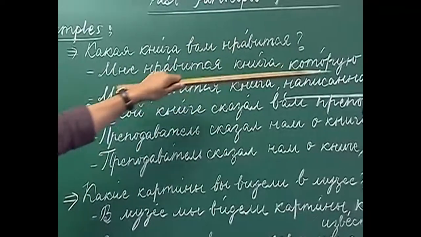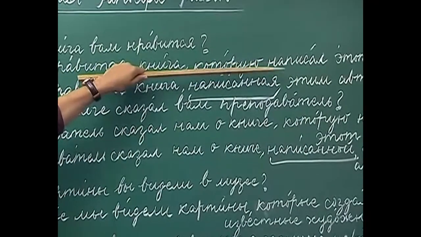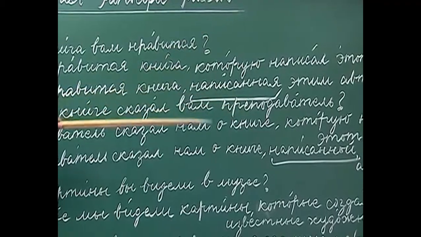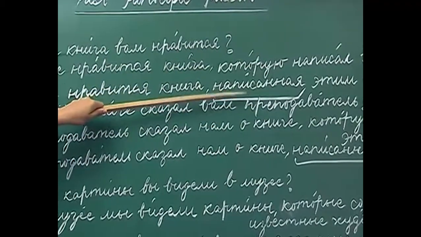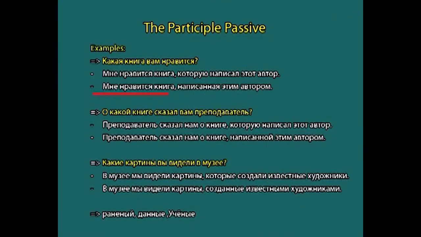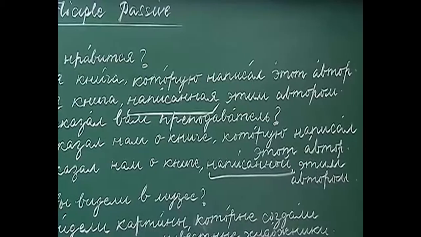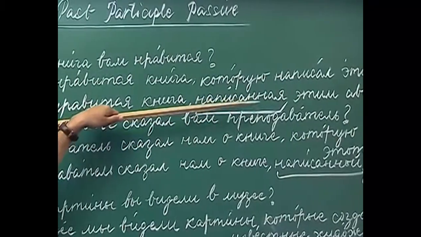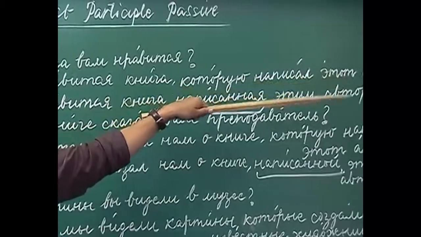The same sentence, as you can see, this is in the passive voice. The same sentence, how will we change them? Using the past participle passive. Мне нравится книга, написанная этим автором. So, I like the book which was written by this author.